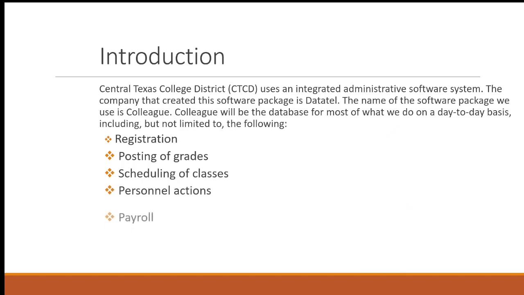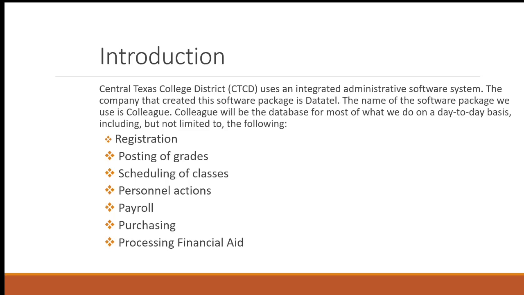CTC uses an integrated administrative software. Basically, it's a big old database that we use to keep track of and keep records of employees and students. There are many different ways to use this database, depending on where you work. But things such as student registration, posting grades, scheduling classes.